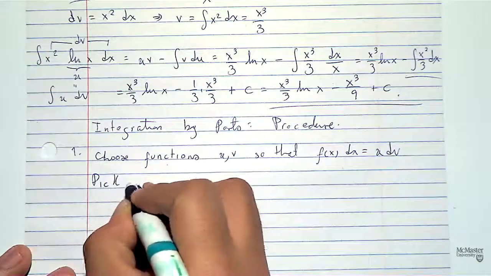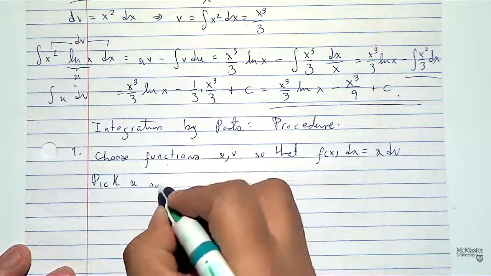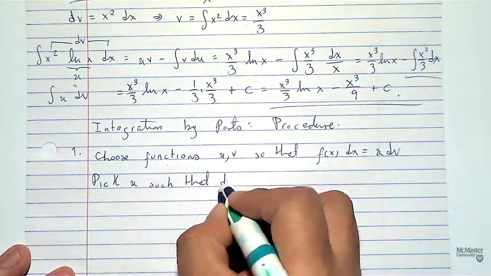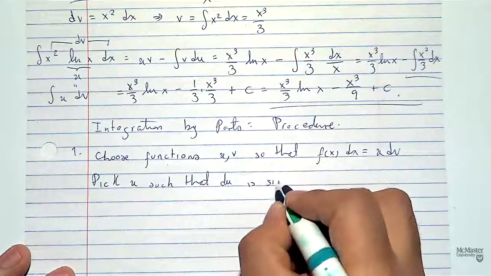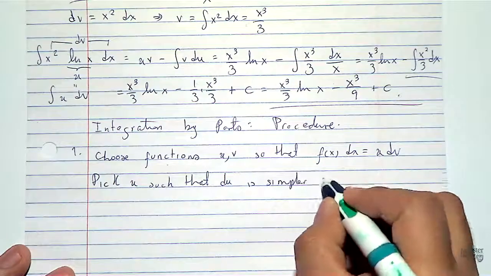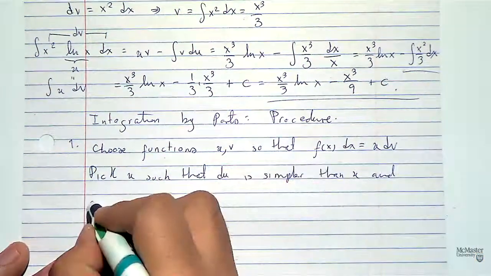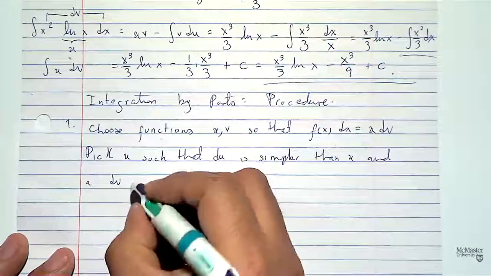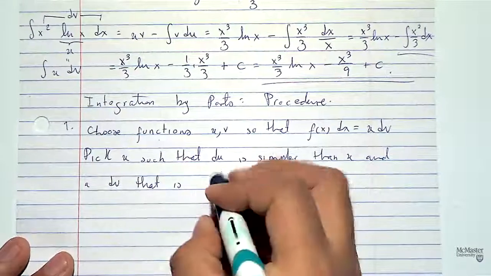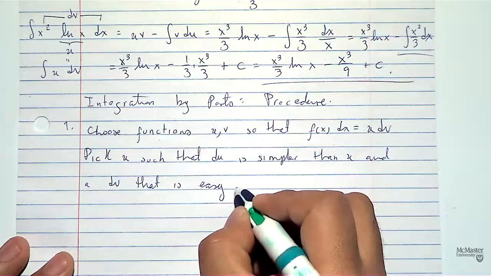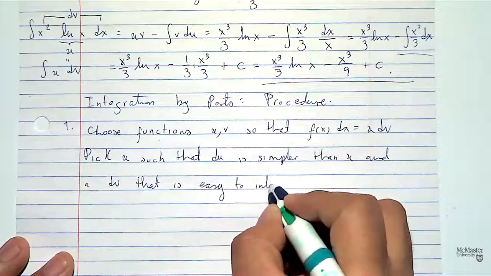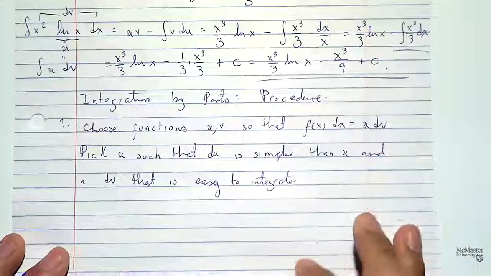So you pick a function u such that the du is simpler than u, and the db that is easy to integrate. So this is kind of anticipating when we will do the computation later.